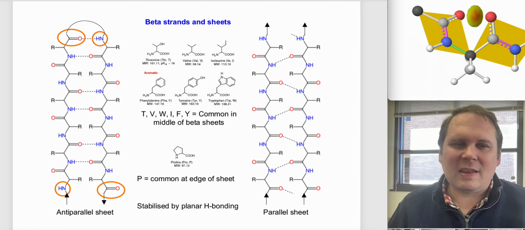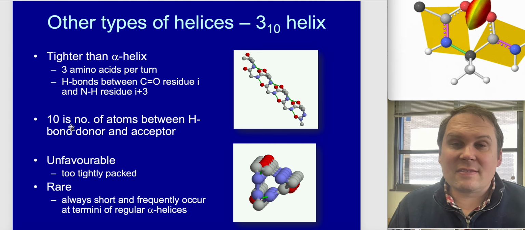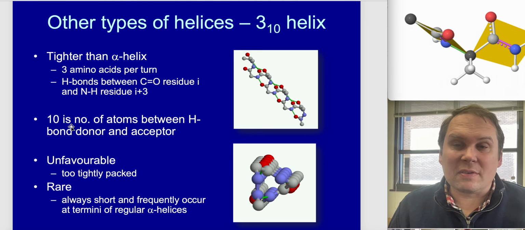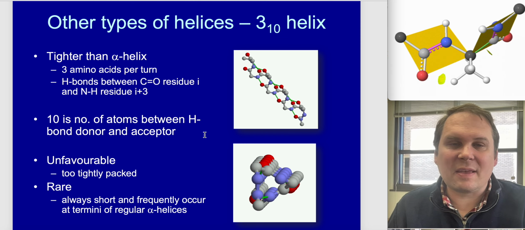Okay, other types of secondary structure. You can have a 3-10 helix. Normally an alpha helix is going to have 7 amino acids in two turns. A 3-10 helix has 3 amino acids in each turn. So there's 10 atoms between the hydrogen bond donor and acceptor, basically.